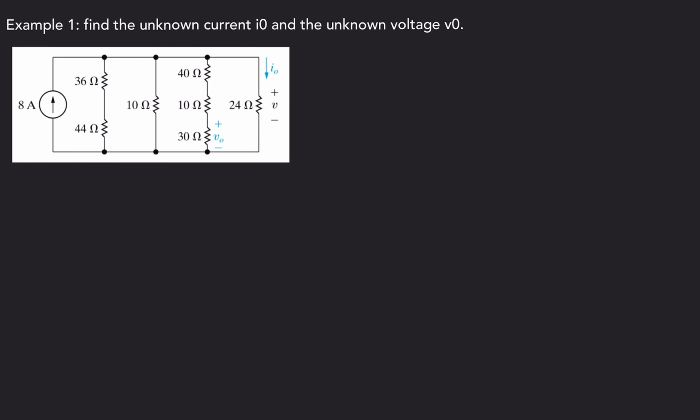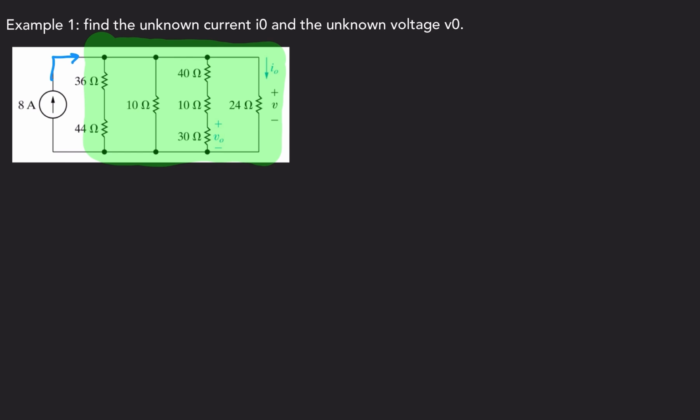The first thing we're going to look at is the equivalent resistance of this large circuit, because the current is flowing into this circuit and they are parallel elements.